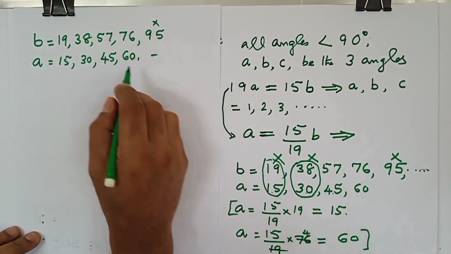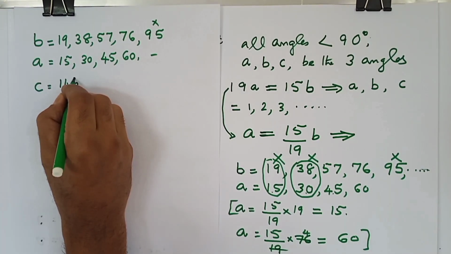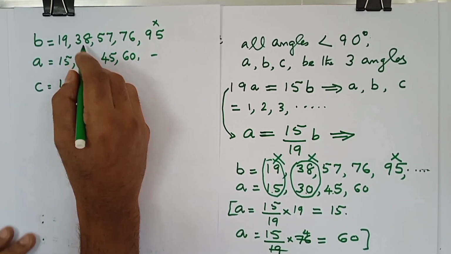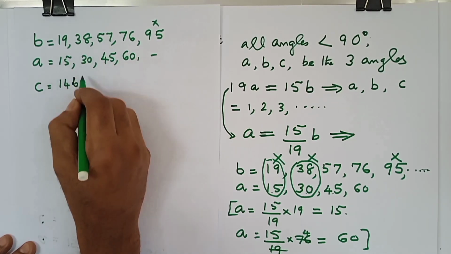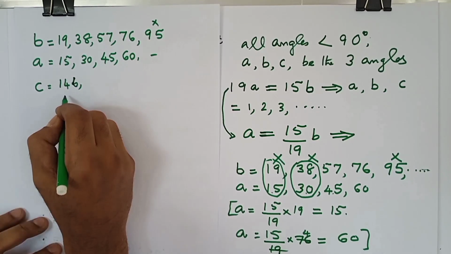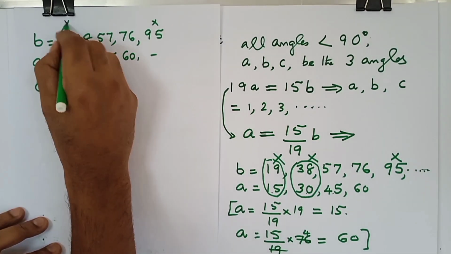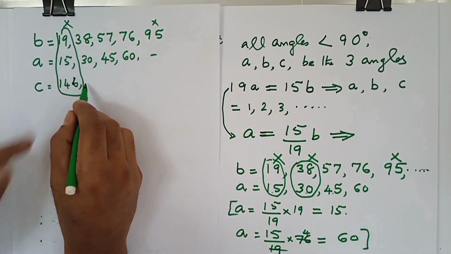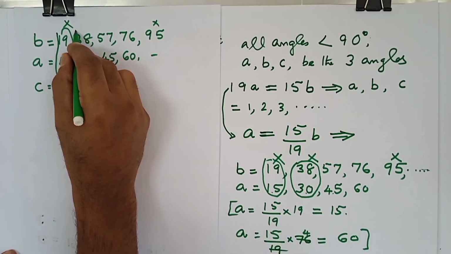This is out. Now C corresponds to 146. Similarly, what do you get as the value of C corresponding to this pair? Obviously, again, this is not acceptable because it is greater than 90. So this pair is out because of this being greater than 90. Similarly, if you work out this, you're going to get a number greater than 90. So this is also not possible.